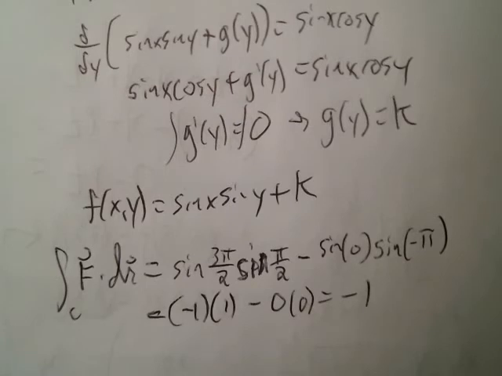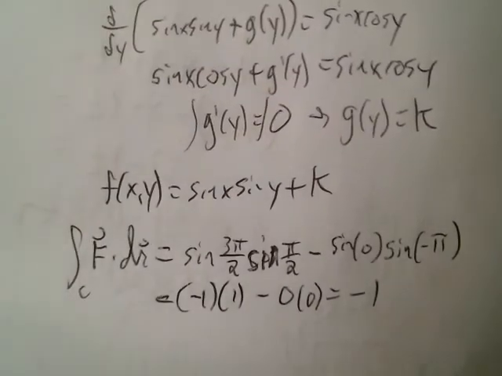Okay, so the great thing about this is ultimately now we have 3 different ways to integrate a line integral of a vector field. You can parameterize the thing. You can find the potential function just like we've been doing. But also now you can take alternative paths.